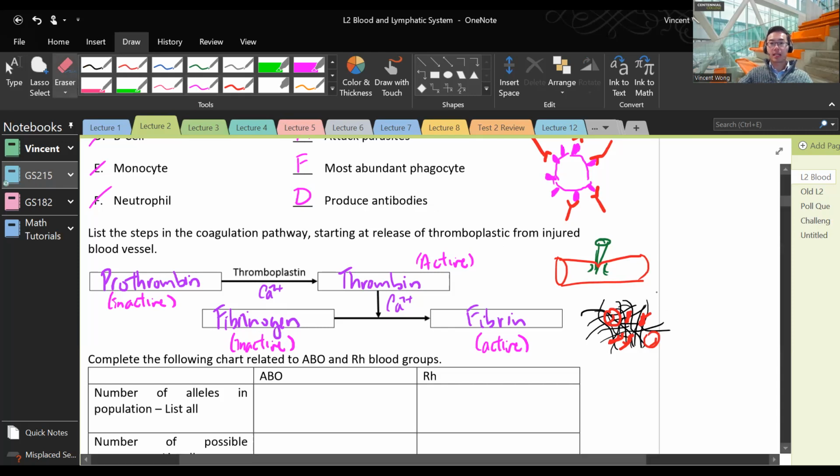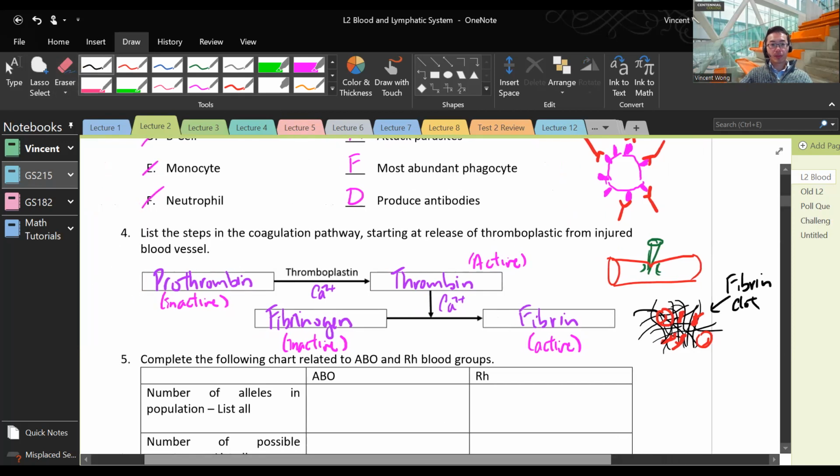This thing here is the fibrin clot. Eventually it will heal, unless you start picking on the scab, and then it bleeds all over again, and you will have to wait for it to clot one more time. So make sure you know the order of this process.